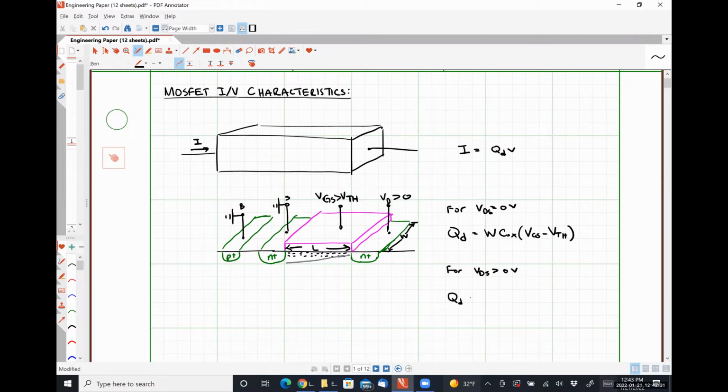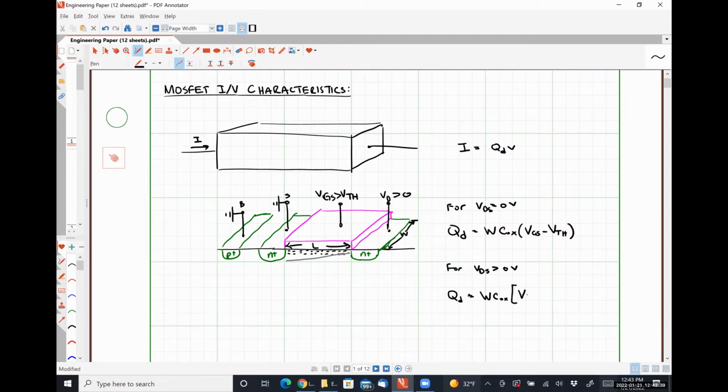QD is equal to W Cox (VGS minus V(x) minus VTH). V(x) is nothing more than the potential of the channel, and it has to be position dependent because we have some electric field that's extending across the channel.